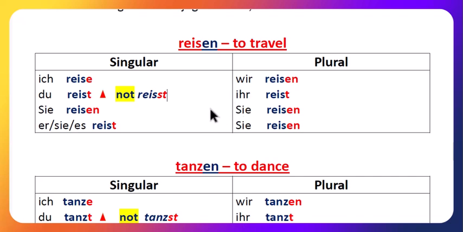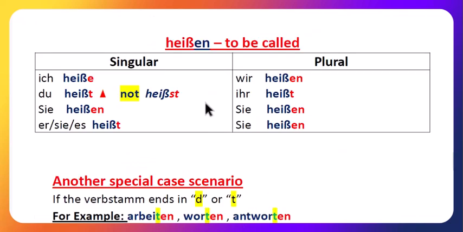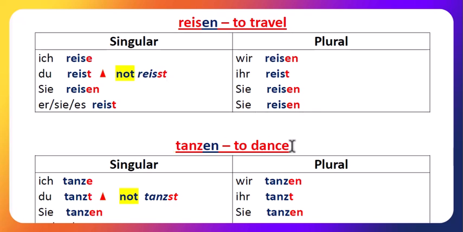Take tanzen. In German, this Z is pronounced as TS.